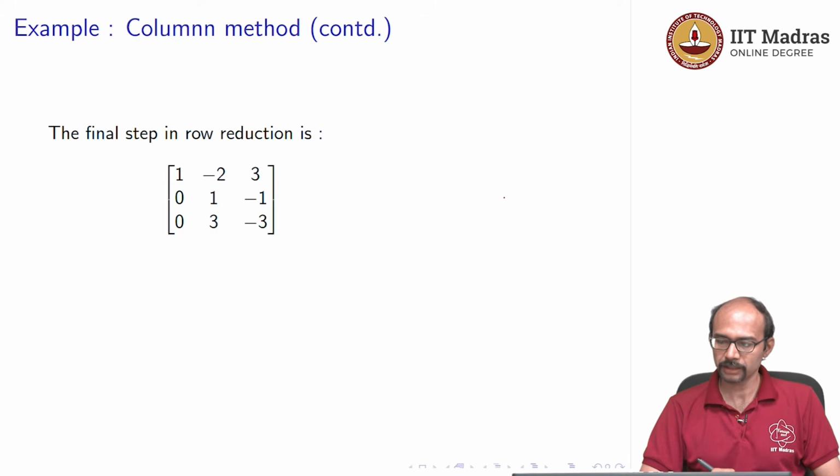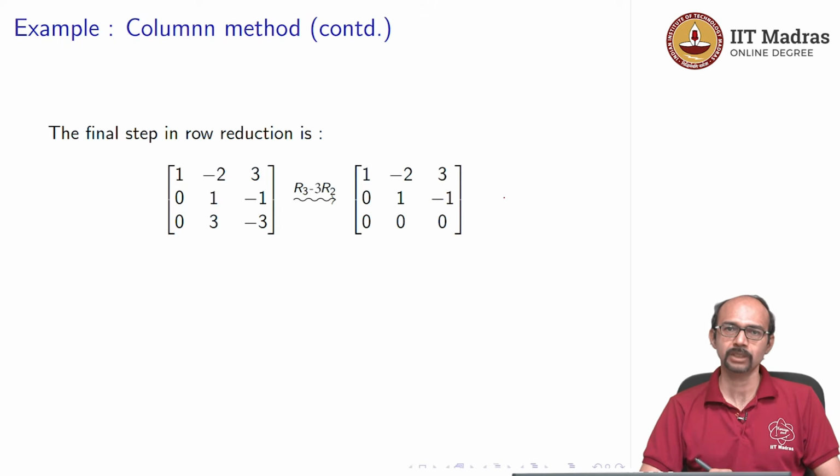The final step in the row reduction is to subtract 3 times the second row from the third row, and in the last row you will get 0, 0, 0. Now your matrix is in row echelon form, not in reduced row echelon form, but this is good enough for our purposes. And so, your matrix is 1, -2, 3; 0, 1, -1; 0, 0, 0.